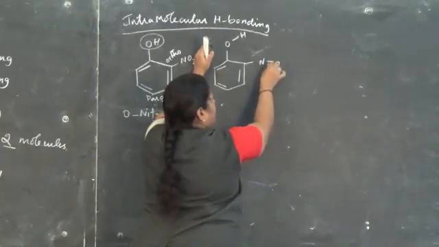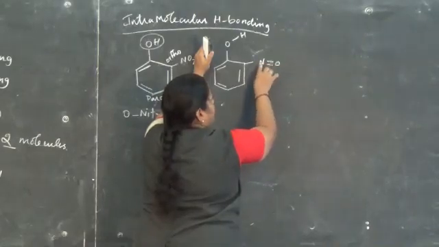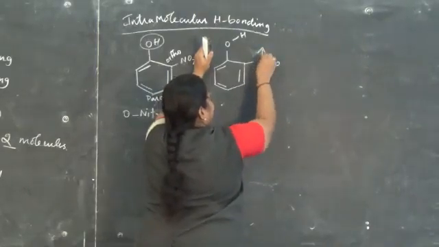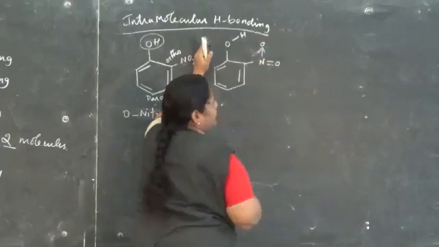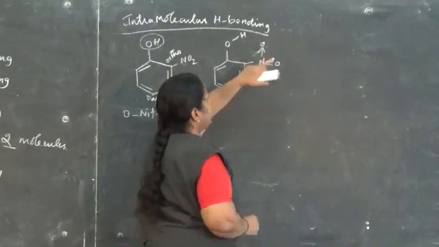That's why I put a double bond between nitrogen and oxygen, and this is called coordinate covalent bond. If I put an arrow mark, it is called coordinate covalent bond.